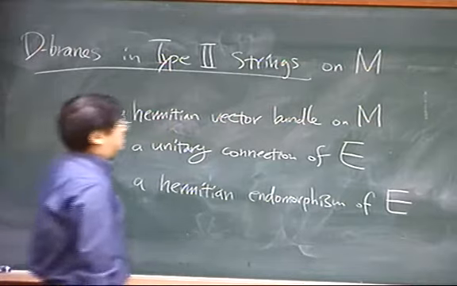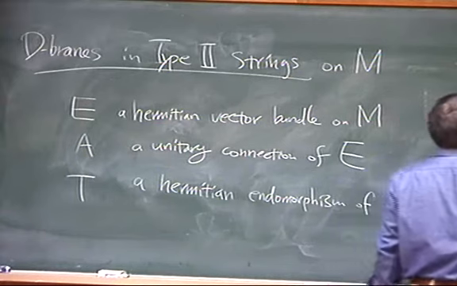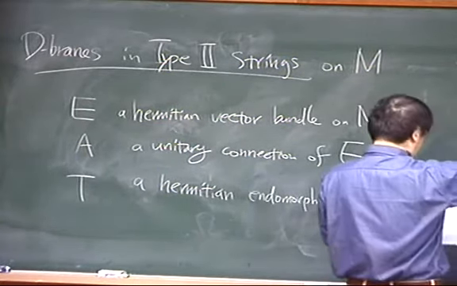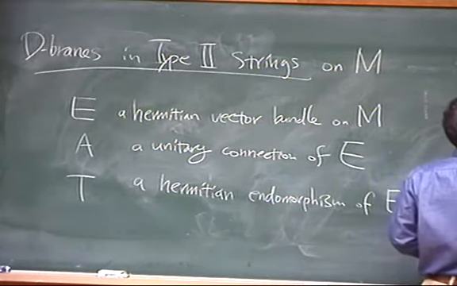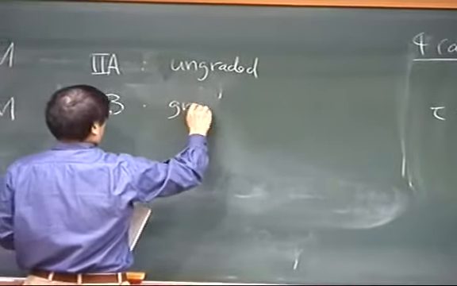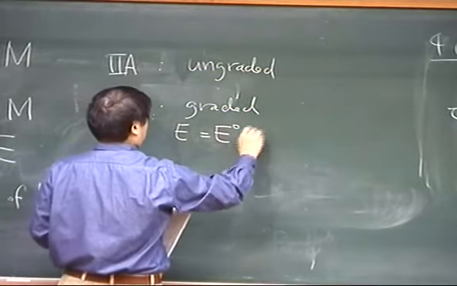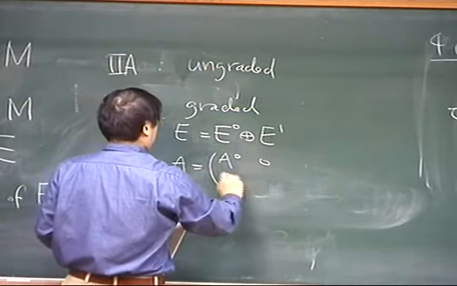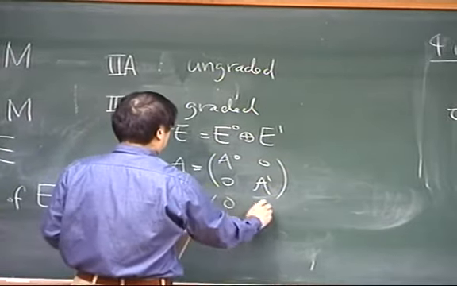And depending on 2A or 2B, corresponding to this case eventually, for 2A, this E is ungraded, and for 2B graded. So E has even part and odd part, and A is even and T is odd, say this form.